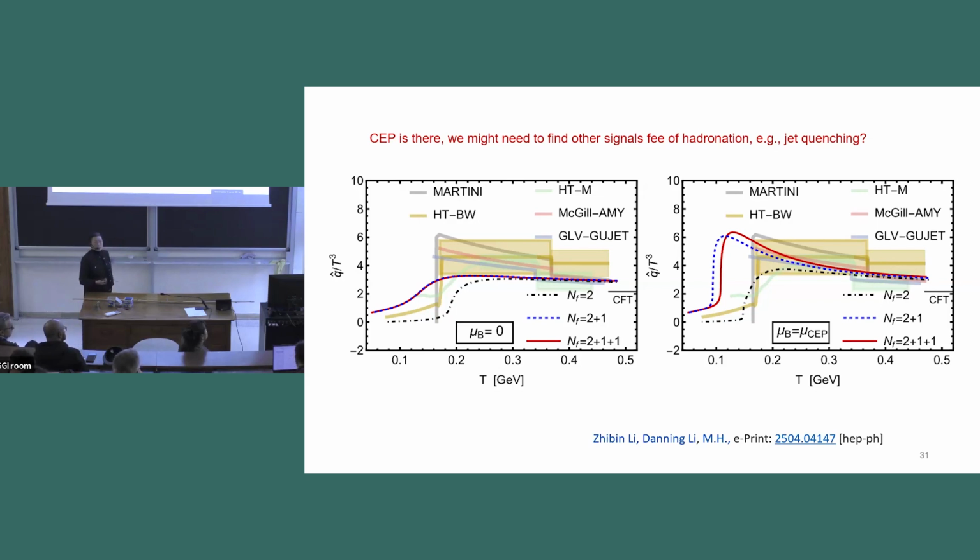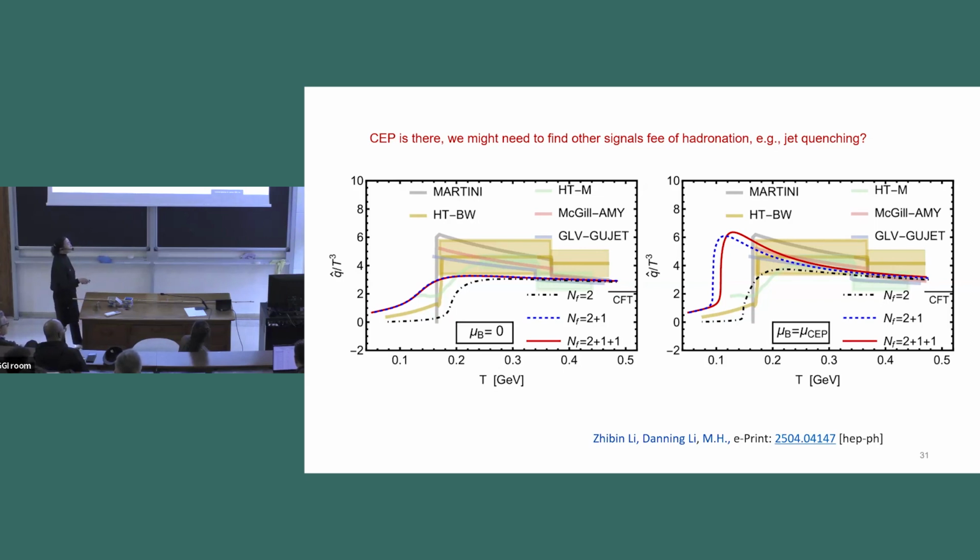Jet quenching, or some kind of photon or lepton observables might be possible candidates, because these pass through the medium and will tell you some information about the medium. So if the system really experiences a critical point, there will be some signatures from these observables.